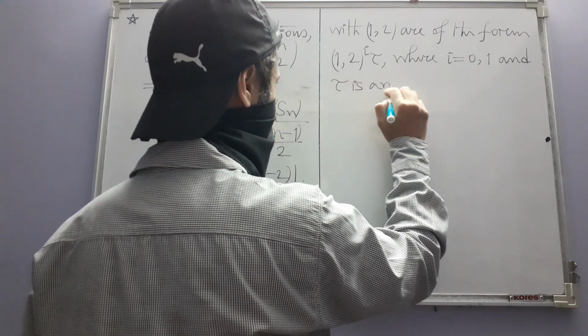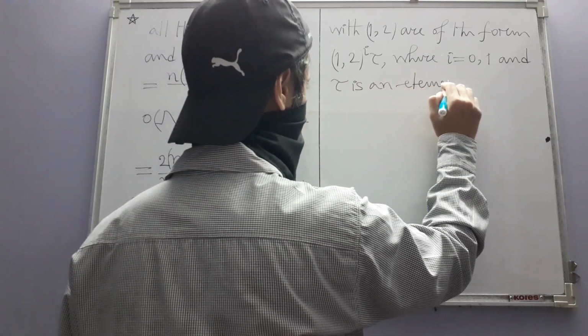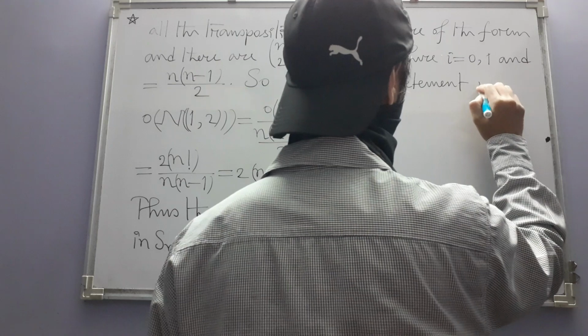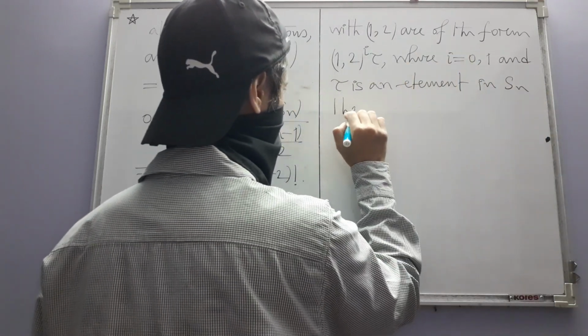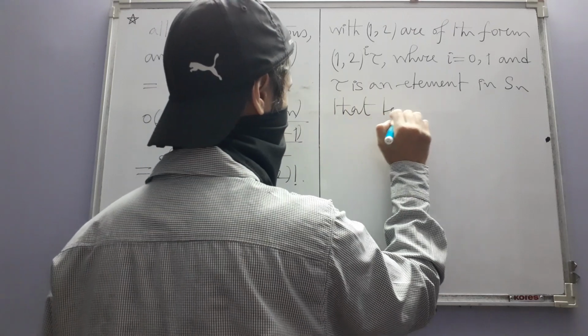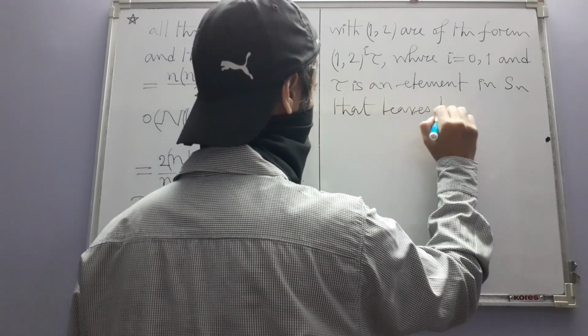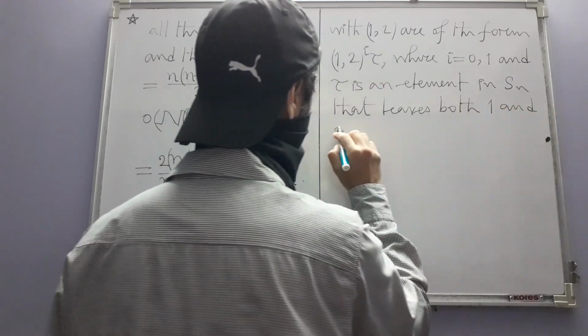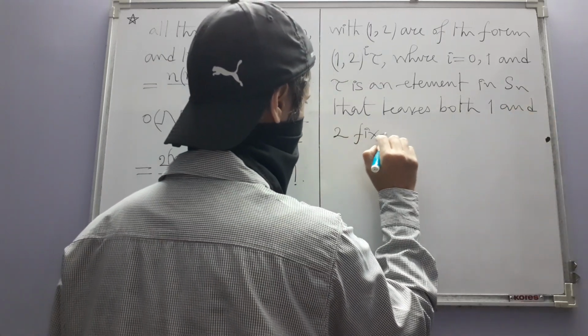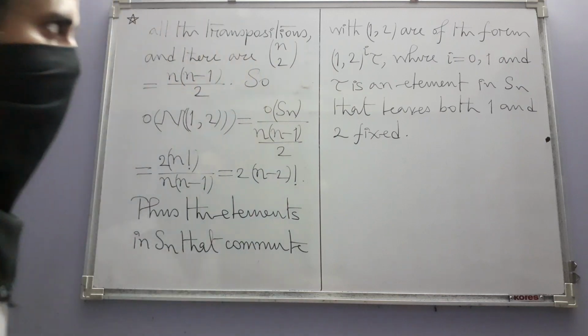tau is an element in Sn that leaves both 1 and 2 fixed.